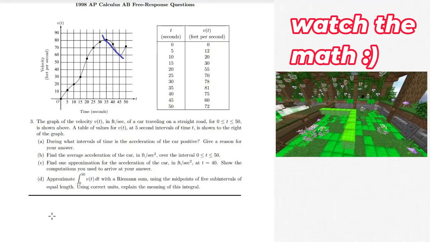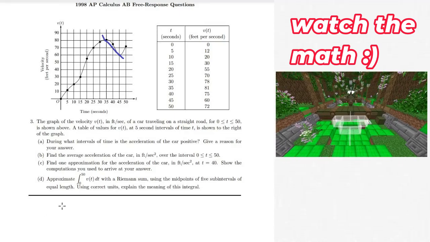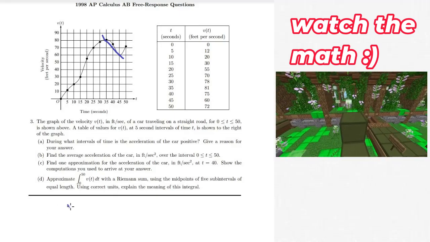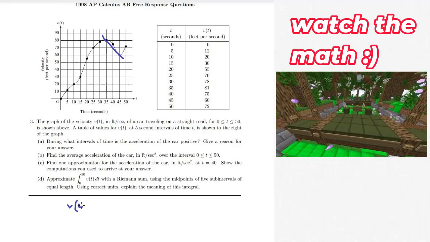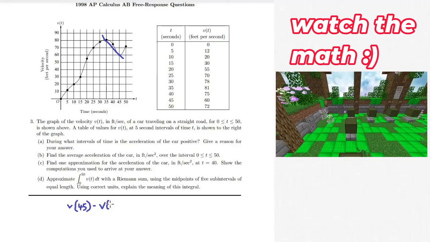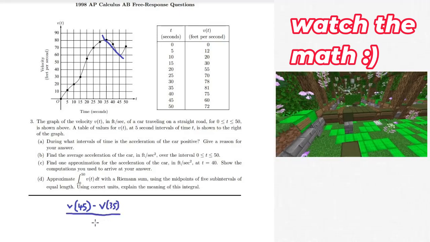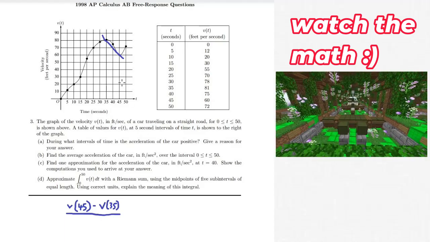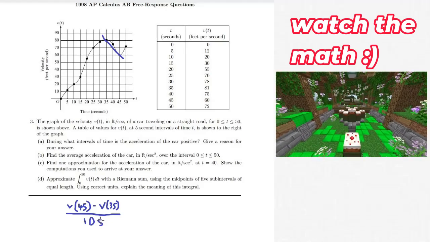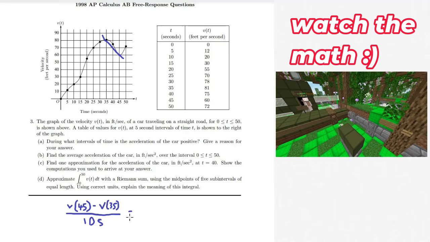So to do that, again, we're using that same formula of A equals change in V over change in T. So what we're going to do is we're going to say V of 45 minus V of 35 divided by 10, because that's the difference in our 2 times here, 45 and 35, 10 seconds.